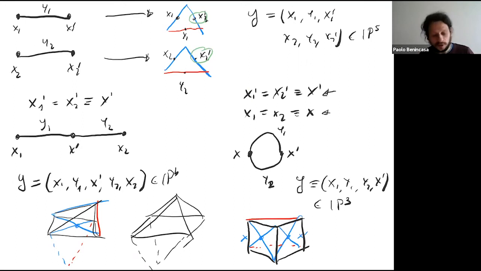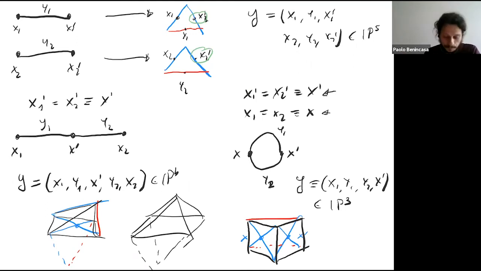So if you want to know what the boundaries of a polytope are, again, you can use the graph and you can list all of them by taking all the possible subgraphs.